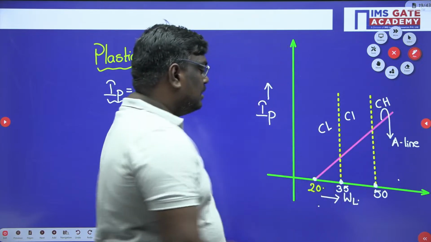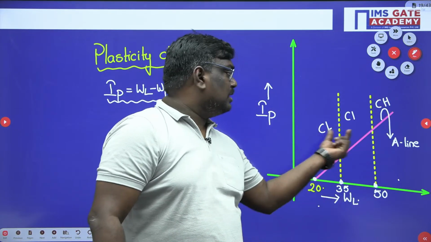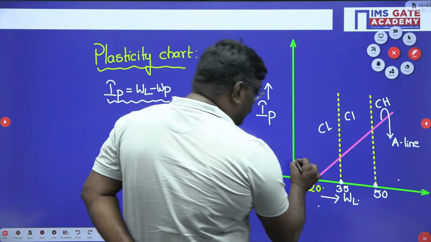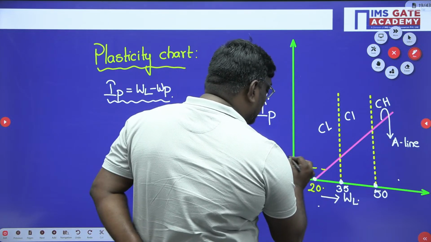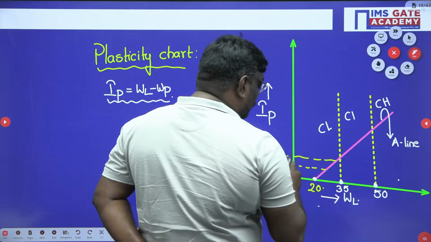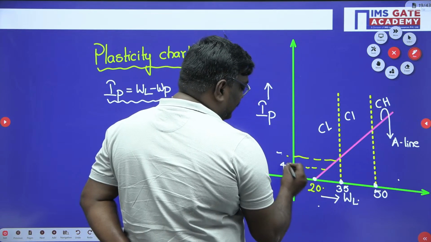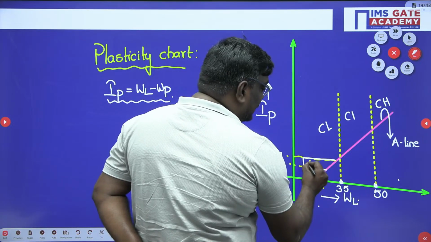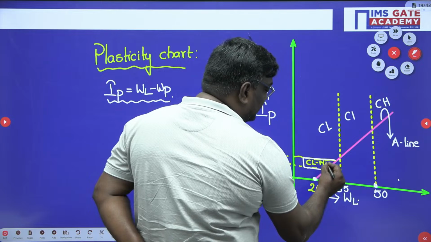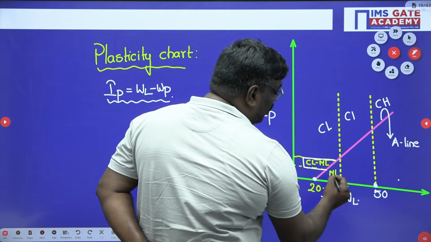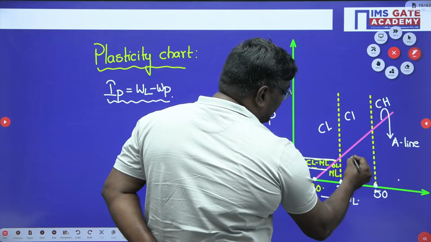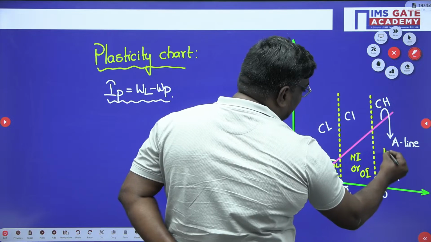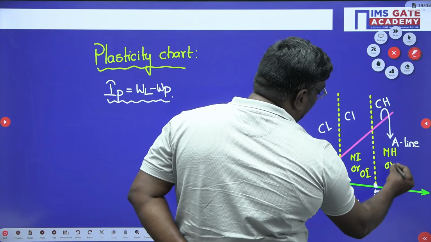Less than 35 is low compressible, 35 to 50 intermediate compressible, more than 50 highly compressible. If the plasticity index is between 4 to 7, you will have dual nature. It has both clay and silt. Here it is ML or OL, here MI or OI, here MH or OH.